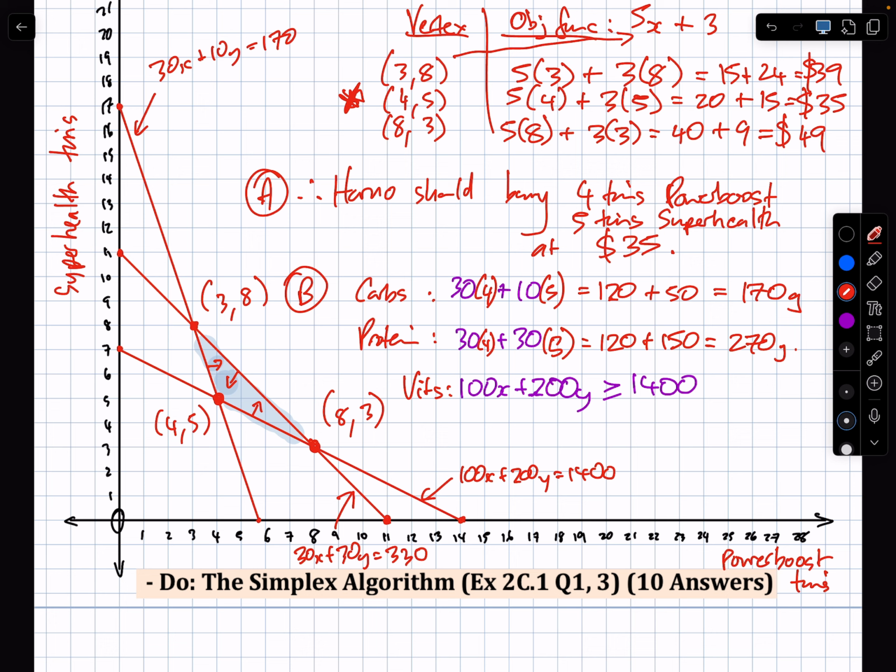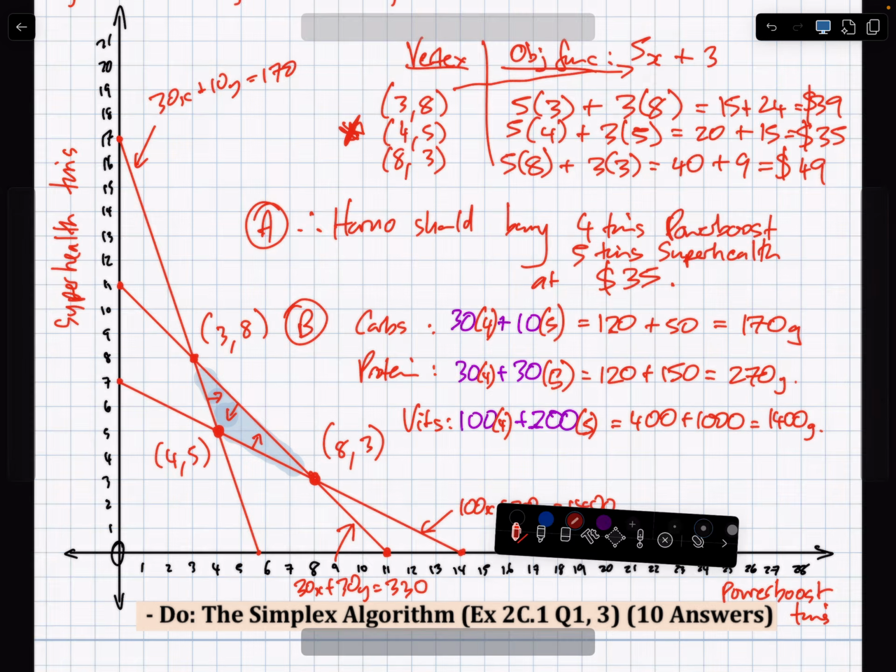So he got 270 with that, and vitamins, 4 and 5. 100 times 4, 400 plus 1,000, 1,400 grams of vitamins.